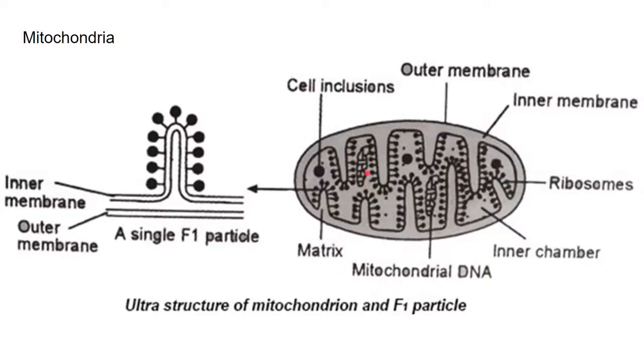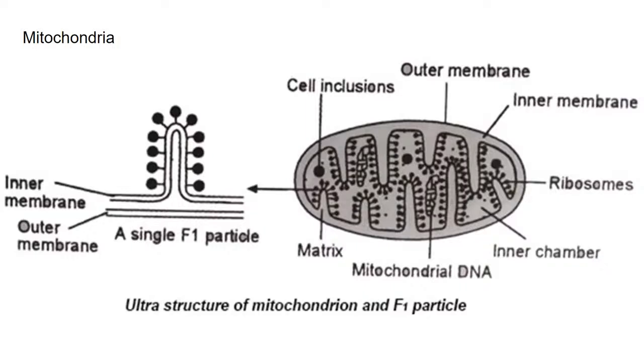So the next thing you need to understand when you come to a mitochondria is that the outer membrane is a normal membrane regulating the inflow and outflow. The inner membrane is special. It has something called an F1 particle or an ATPase generating particle. The inner membrane is folded because, remember, whenever you're studying the villi or the stomach or the hair cells, you always study that there are higher foldings because you want to increase the surface area as compared to the volume ratio.